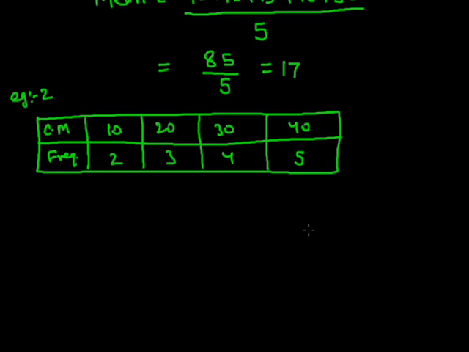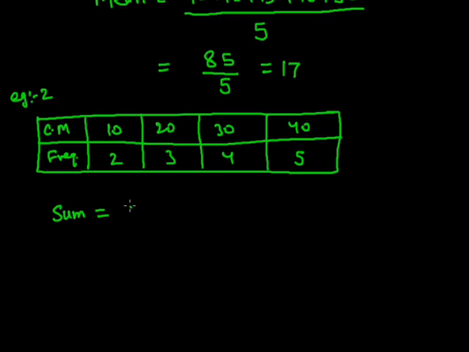Again, as we know, there is only one formula for mean, that is sum of observations divided by number of observations. So in finding out the sum of observations, we need to add this numerical data. As you can see from the table, the class mark is 10 and the frequency is 2. It means 10 is appearing 2 times in the numerical data. If 10 is appearing 2 times, it means we need to add 10 two times.